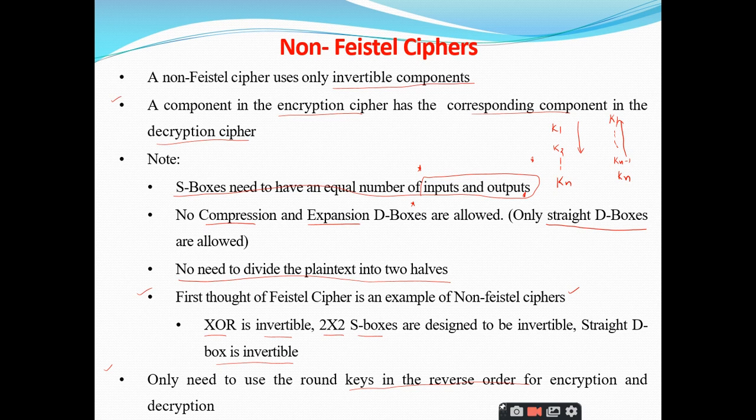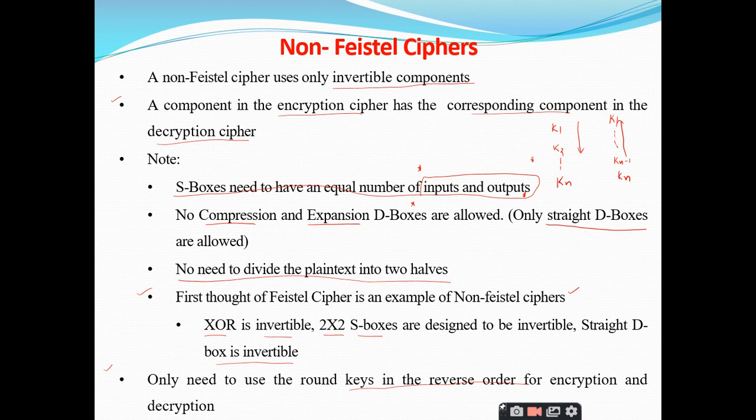Similarly, confusion is a property which hides the relationship between the key and the cipher text. A one-bit change in the key will affect many bits in the cipher text. And to increase the degree of diffusion and confusion, we need more rounds, n number of rounds.